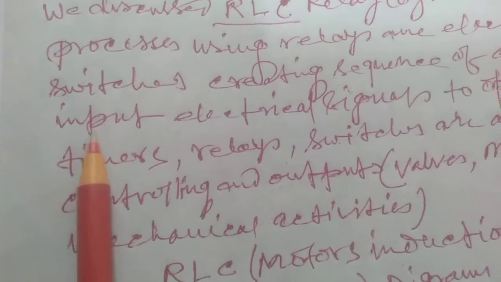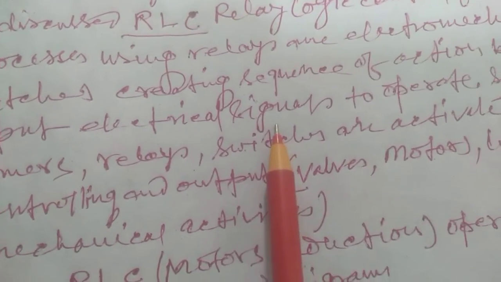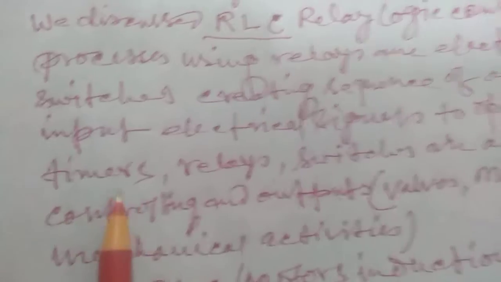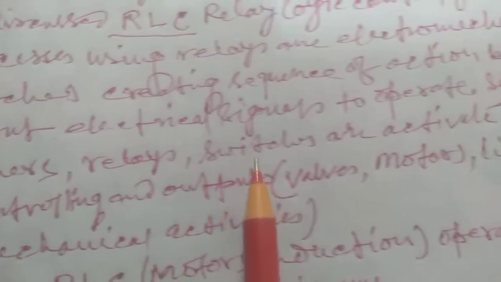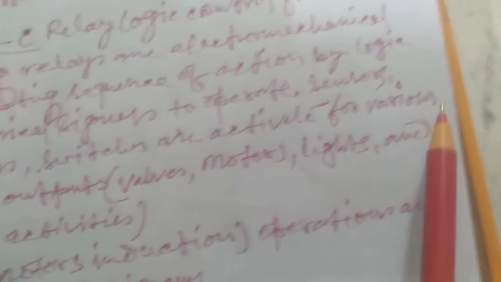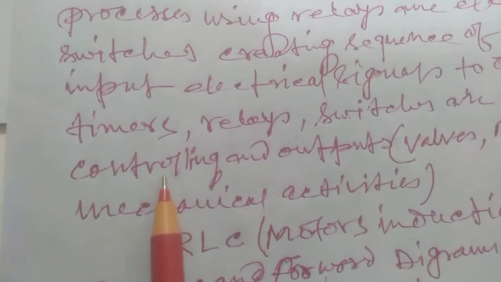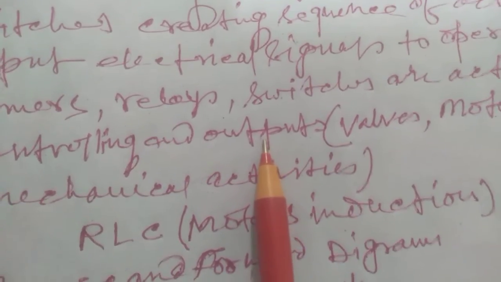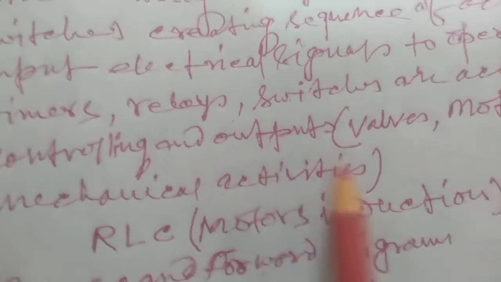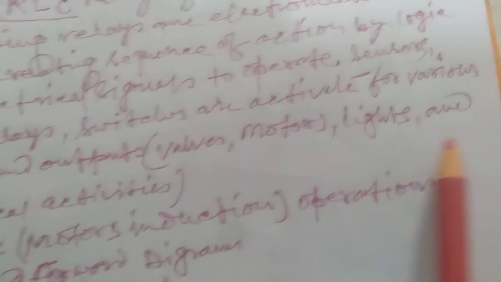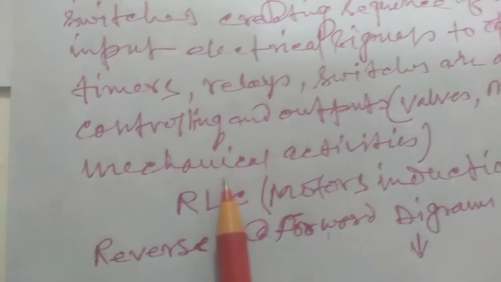Input electrical signals operate sensors, timers, relays, switches which are activated for various controlling and output. Here output means valves, motors, lights and mechanical activities.